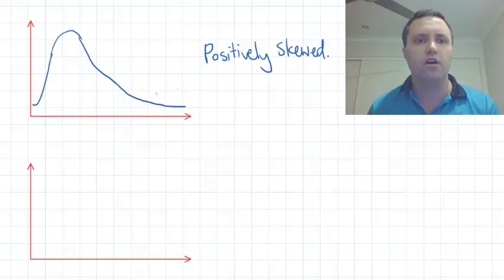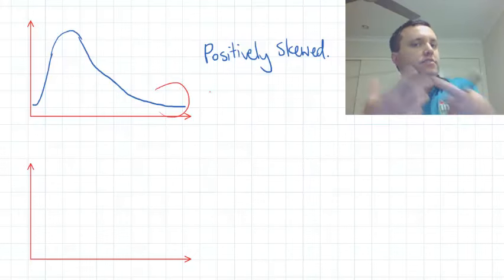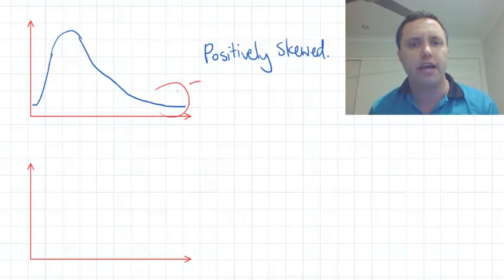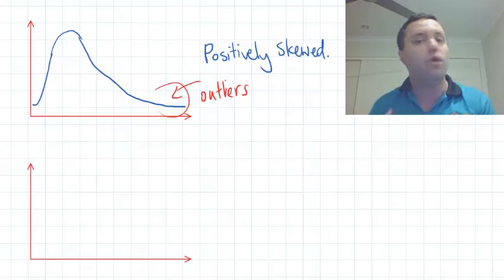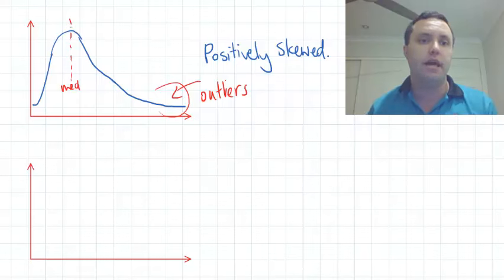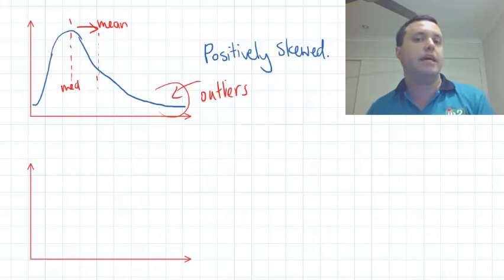So there's a lot of these weird pieces of data that are very high, and out here you'd expect to find those outliers, those weird values that are up high. You're usually going to find that your median is at the peak of this set of data, and with outliers out here, sometimes it can drag your mean higher. That can be the case sometimes with positively skewed data.